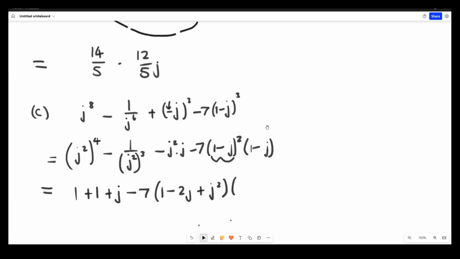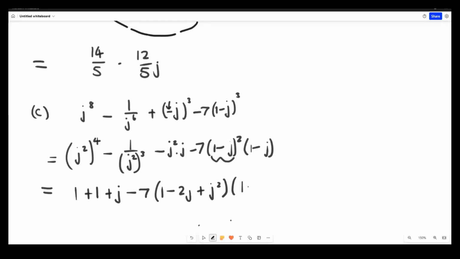So you can see what I've done. I took that minus 7 and kept it there. And I just said 1 minus j squared: it's 1 times 1, so it's 1. Then I said 2 times 1 times minus j is minus 2j. Then that minus in front of the j, minus 1 times minus 1 is plus 1, and j times j is j squared. And then this term here, I leave it for now.